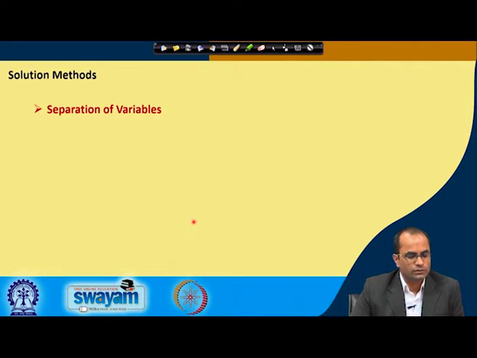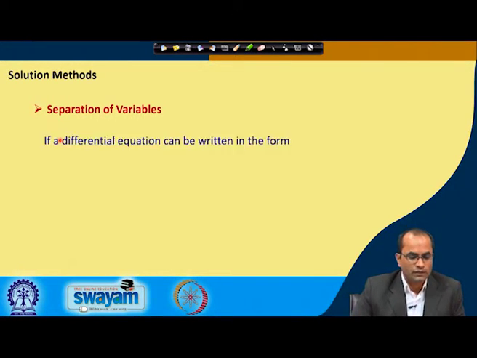What are the solution methods? The first one is the separation of variables. We will quickly review some of the techniques which are very fundamental, and they are required at every stage for solving differential equations. One of them is the separation of variables.